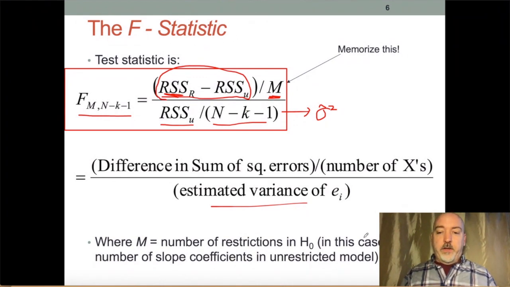Okay, and then this note here is just a reminder that in this initial case that we're considering, where we set all of our coefficients equal to 0, then k, the total number of coefficients in the model, is the same as m, the coefficients set to 0. We're taking everything out to make this restricted versus unrestricted comparison. That's not always going to be the case, but in this scenario it is.